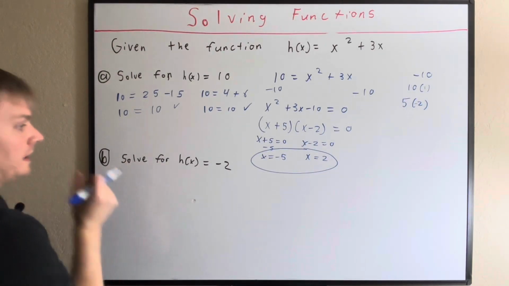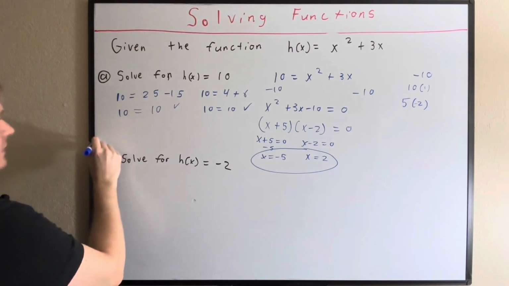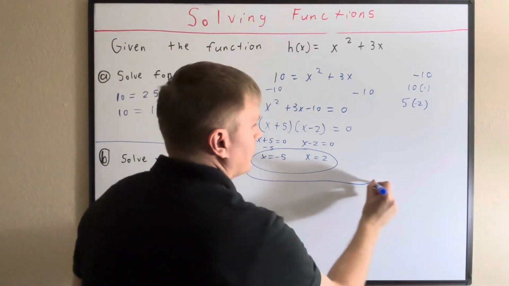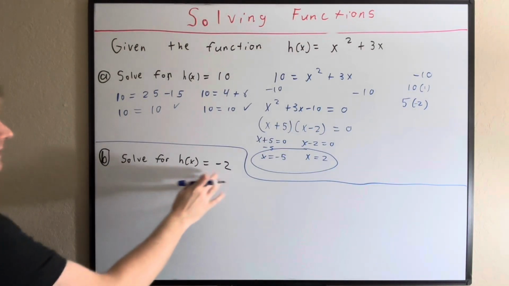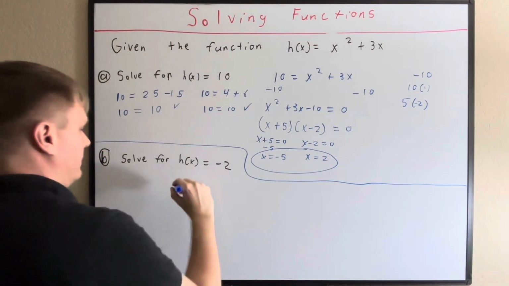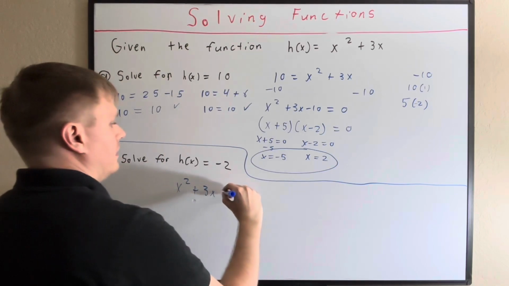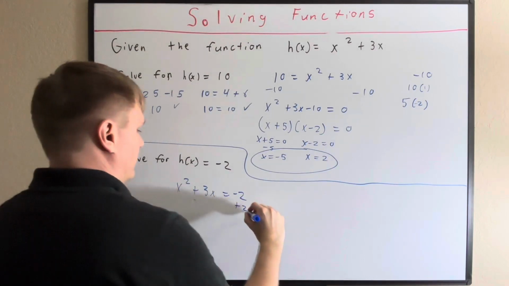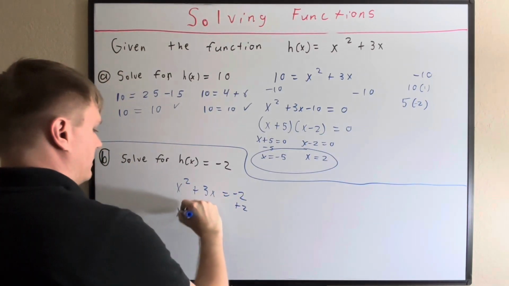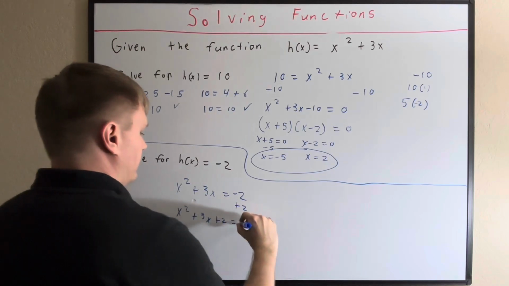All right, let's do part B. Let's draw a line here so we don't get confused. h of x equals negative 2, right? We can do that. x squared plus 3x equals negative 2. All right, bring the 2 over. x squared plus 3x plus 2 equals 0.